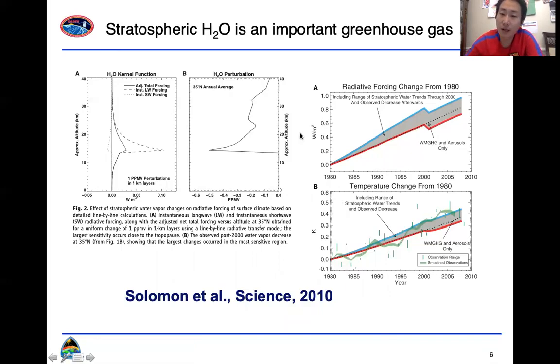If we take a look at the right hand figure, this gray area is a contribution of radiative forcing contributed by the stratospheric water vapor. So it's not negligible.